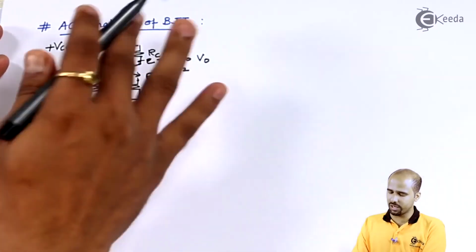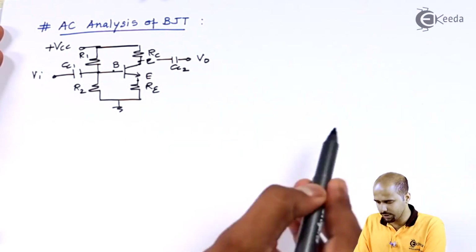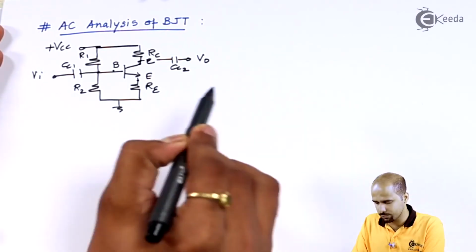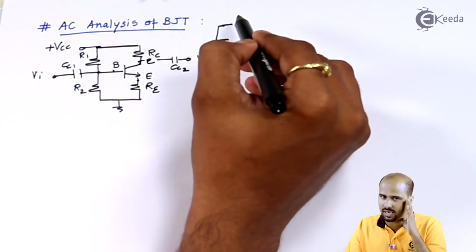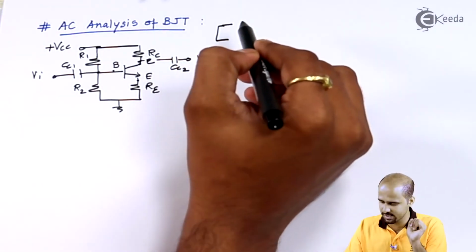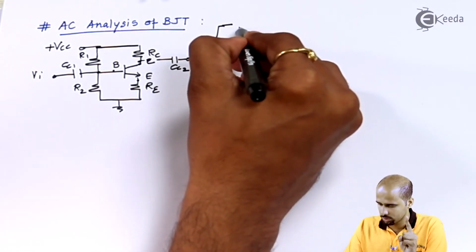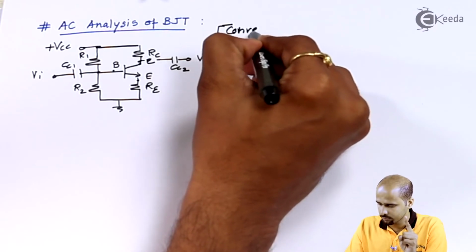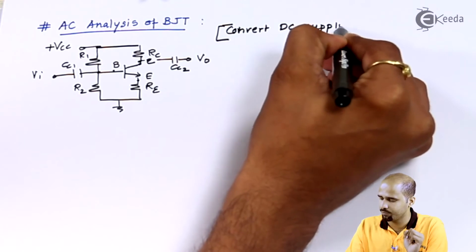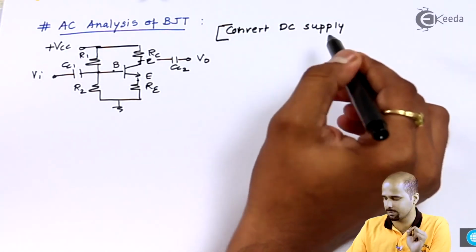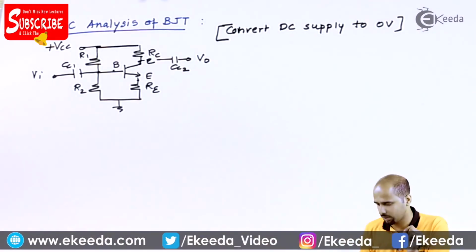Now let us try to figure out what your AC equivalent model will be. So we'll draw the AC equivalent model. First of all, I'll repeat once again what we have to understand while doing the AC analysis. First thing, I have to convert the DC supply to 0 volts, right?